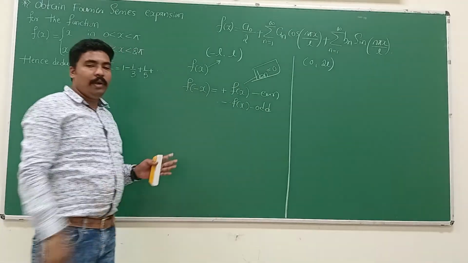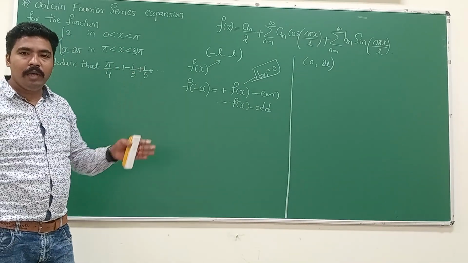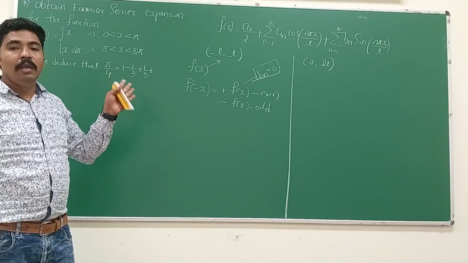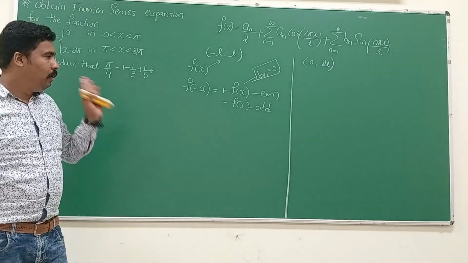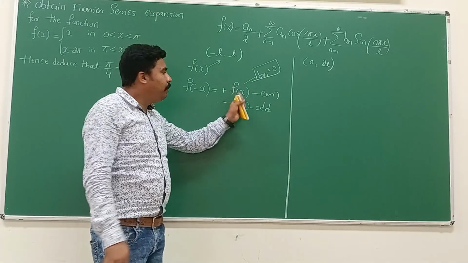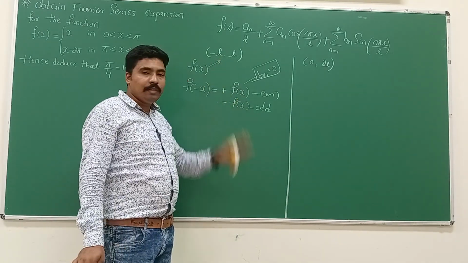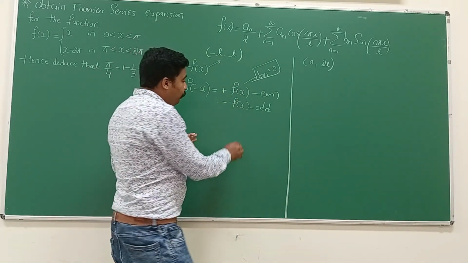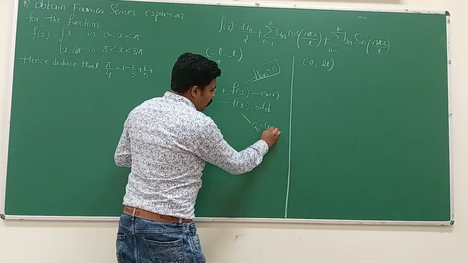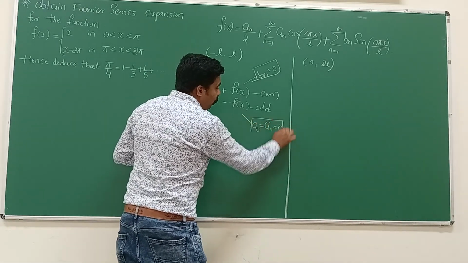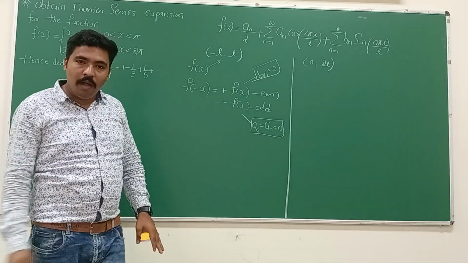You need not operate the formula bn equal to 1 by l integral 0 to 2l f of x sin n pi x by l dx. In the same way, if the given function is odd, you can directly write a0 and an as 0 without applying the formula.